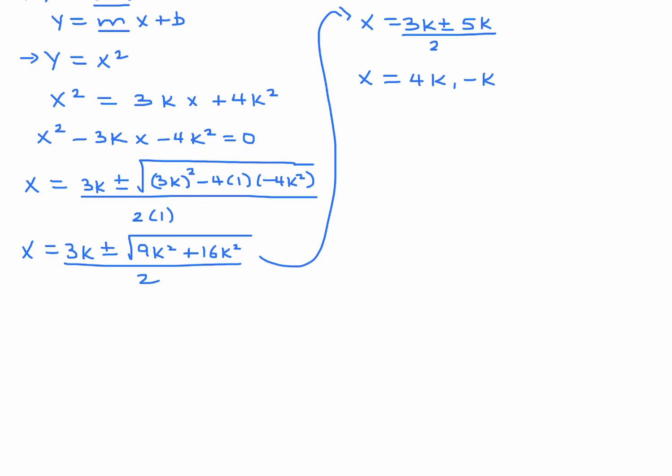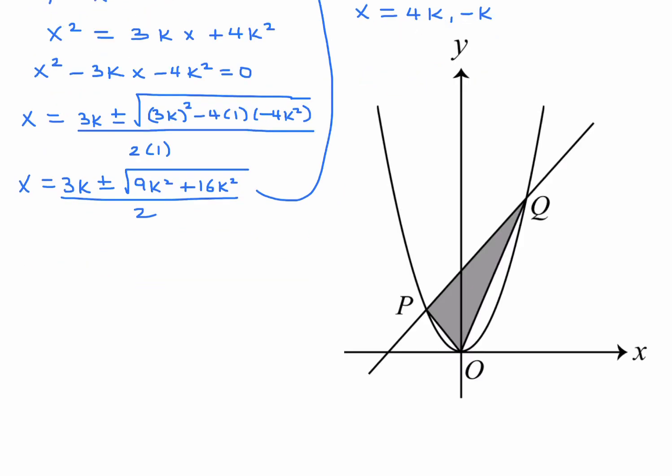So what I'm going to do is blow that up a little bit. Let's put down these values and graph them. So this guy here is 4k, and this is minus k, like that.